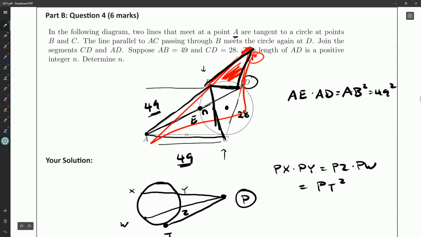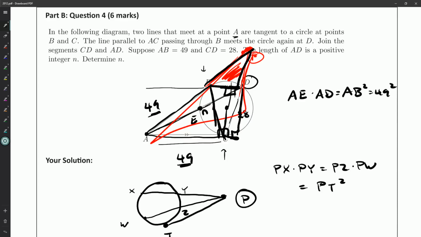You could probably figure out BD from there. And all you need to answer the question is just what is BD, as long as you make a nice little right angle triangle connection here. There might be other ways, but a nice little right angle triangle there. And again, I don't think I would have made that connection if I hadn't dropped my perpendiculars from the center of the circle. So the circle geometry really kicked us off there.